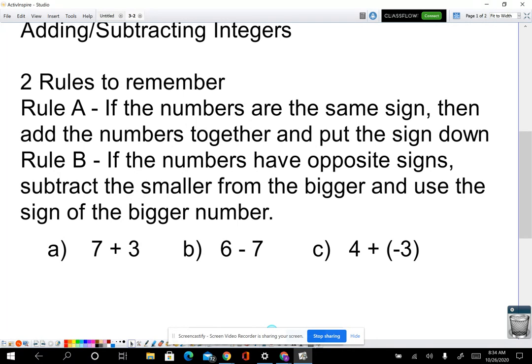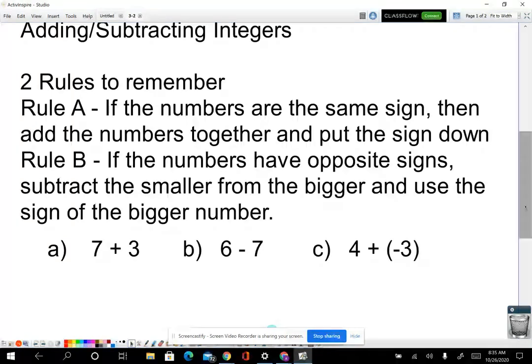No. If we have two negatives that we're adding together, we're going to forget that they're negative. We're just going to add them together as regular integers, and then put the negative sign down as the final answer. And then the second rule is if you have opposite signs, you're going to take the smaller one from the larger, so larger minus smaller, and you're going to use the sign from the larger number.